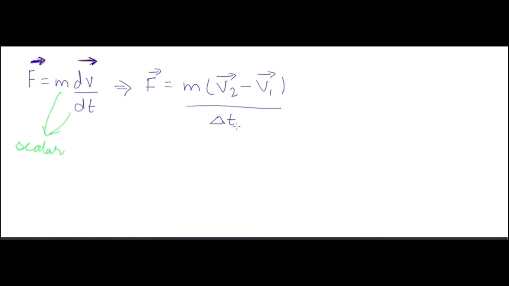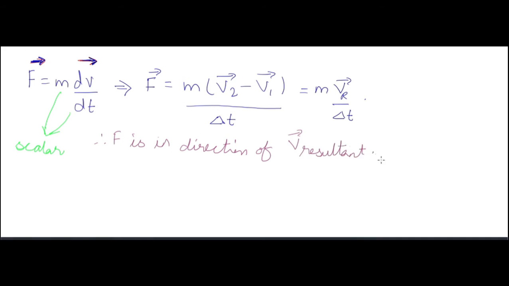Now force is equal to m dv by dt, where both mass and time are scalar quantities, so the only vectors are force and velocity. So force will have the direction of v2 minus v1, meaning the resultant of both v2 and v1. So F is in the direction of the resultant v.